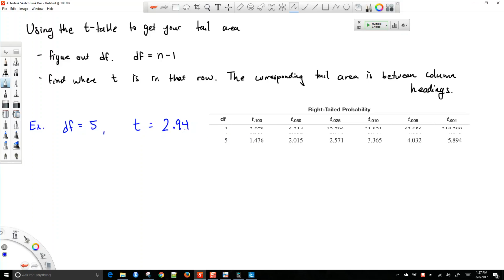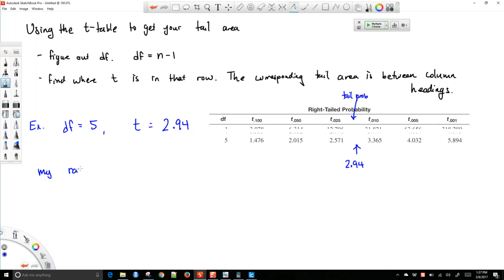My test statistic is 2.94. So I'd say 2.94 fits in between 2.571 and 3.365. Okay, therefore my corresponding tail probability, or my tail area, is between 0.025 and 0.010. Okay, so t is between these two columns, so I would just go with my right tail probability.